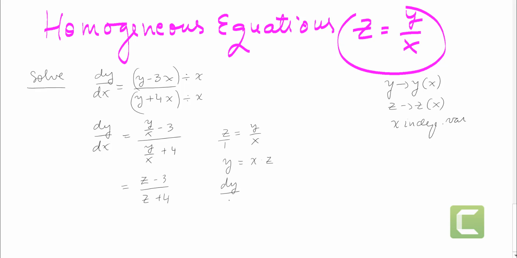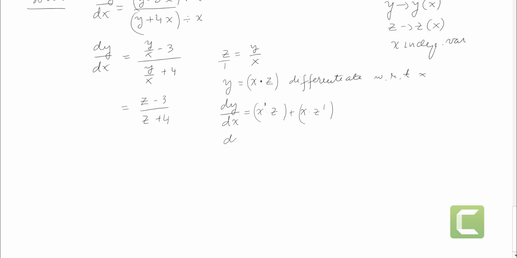So if we differentiate both sides with respect to x, which is the independent variable, we get dy/dx, and on the right side, we use the product rule: x prime times z plus x times z prime. To make it a little bit clear, x prime is 1, so dy/dx equals z plus x times dz/dx.